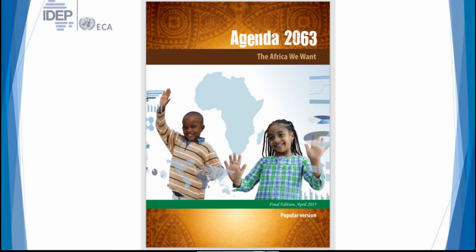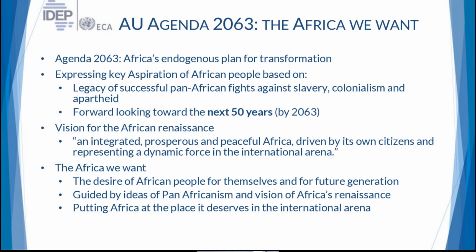Agenda 2063 was adopted by the African Union in January 2015. Agenda 2063 is Africa's indigenous plan for the transformation of the continent.